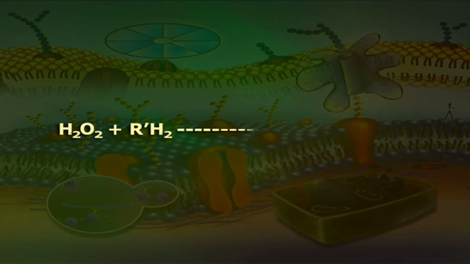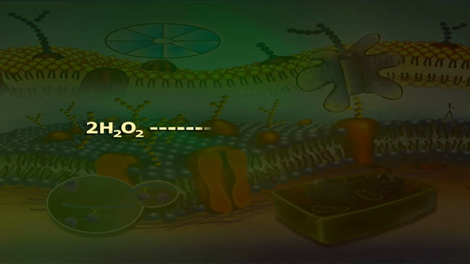We can have a look at the reaction where hydrogen peroxide reacts with RH2 and leads to formation of R plus 2 molecules of water. This type of oxidative reaction is important in liver and kidney cells, whose peroxisomes detoxify various toxic molecules that enter the bloodstream. Almost 25% of the total ethanol consumed is oxidized to acetaldehyde in this way.